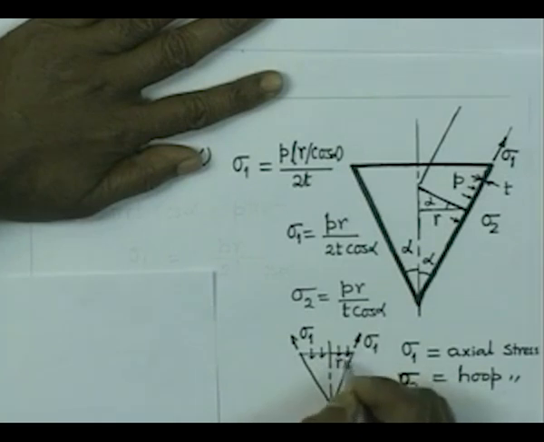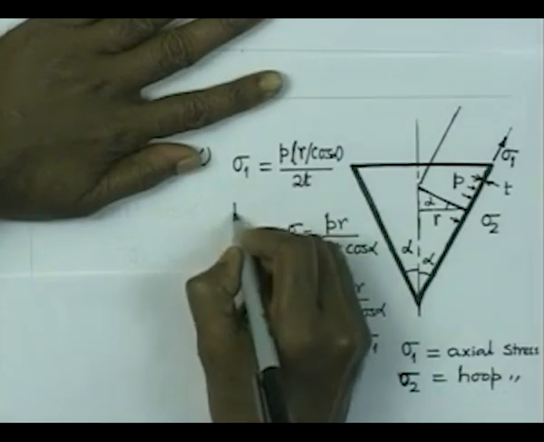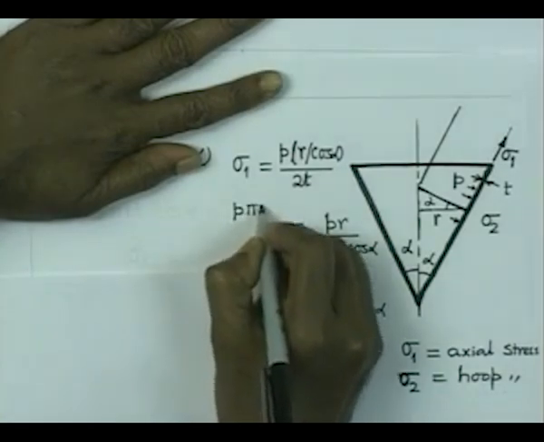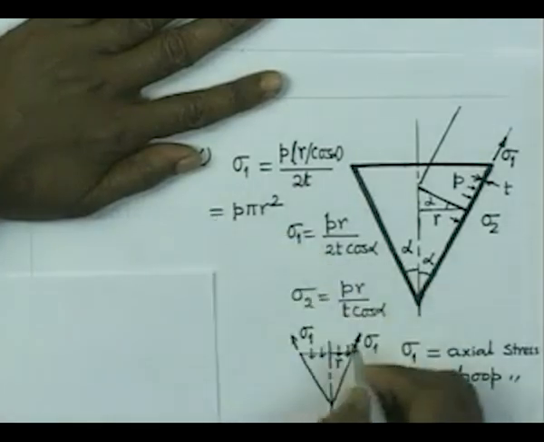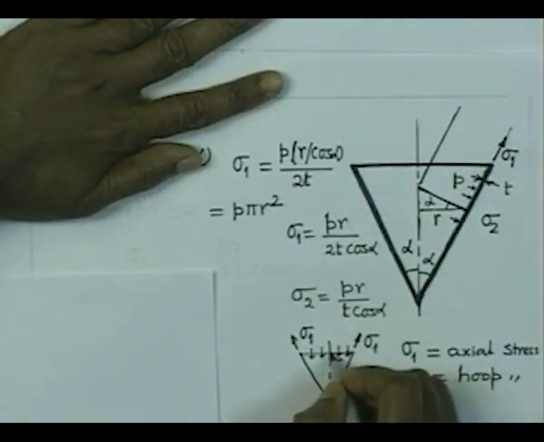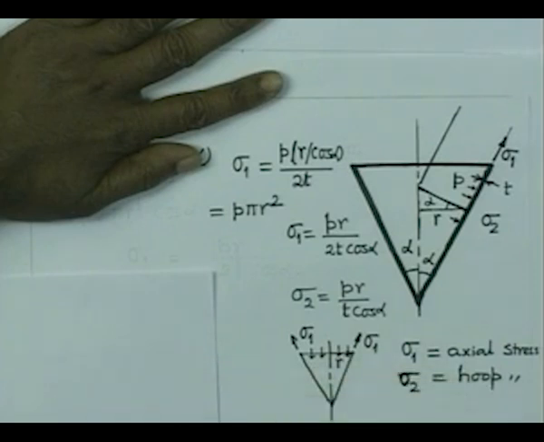So, the force due to the pressure is nothing but P into pi r square at that section, and this is counterbalanced by the metallic forces acting over an area 2 pi r into T, that is the total area.